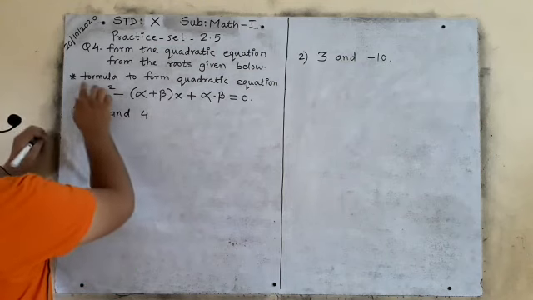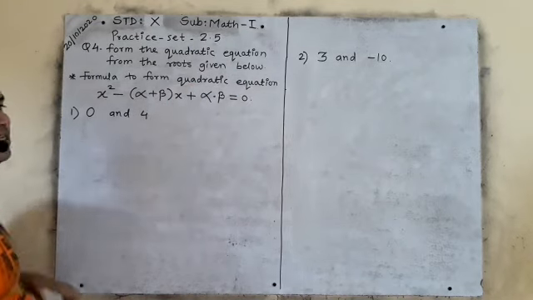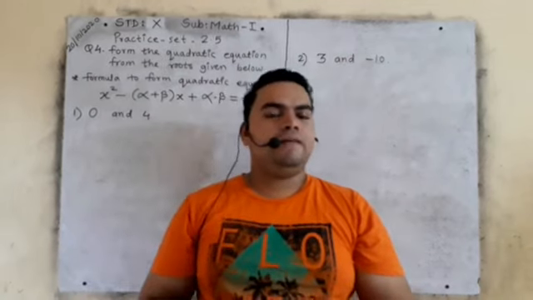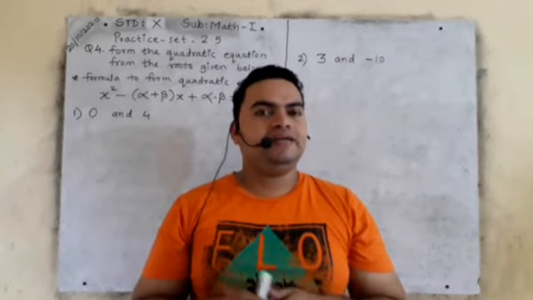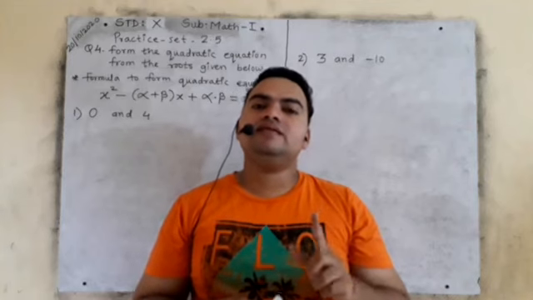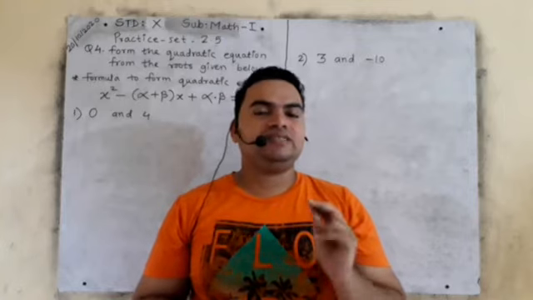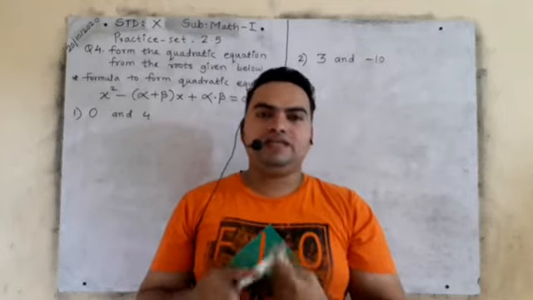Okay. See, I have written formula to form quadratic equation. So what is the formula to form quadratic equation? X square minus bracket alpha plus beta bracket complete x. It means alpha plus beta means what? Sum of the two roots. Sum means addition. Sum of the two roots. Which two roots? One is alpha, one is beta. Okay.